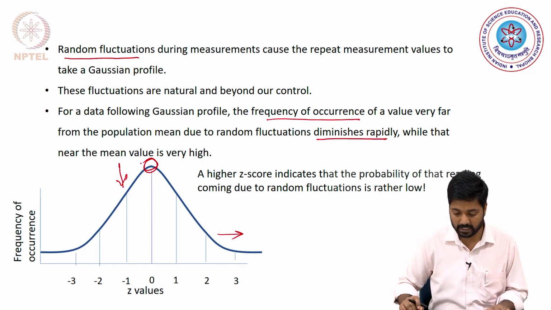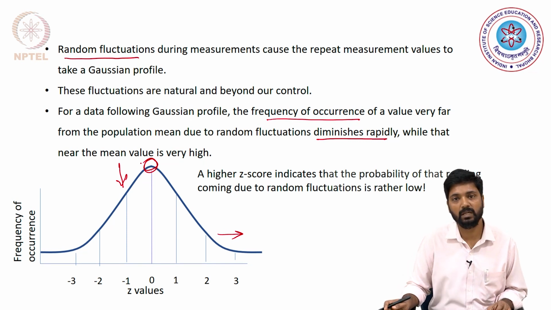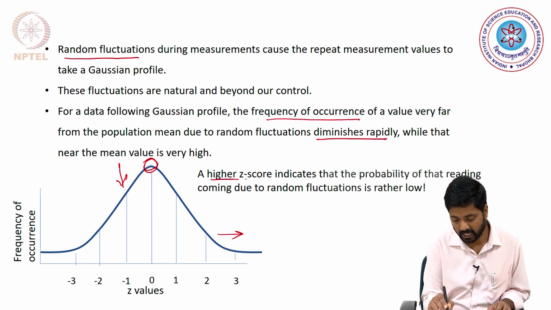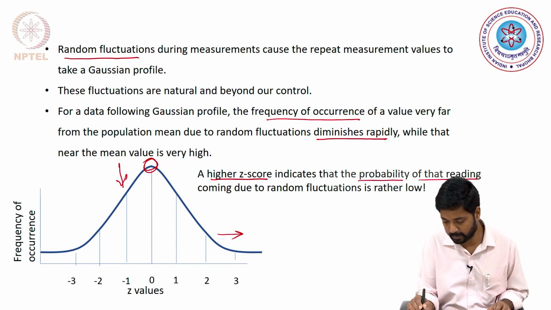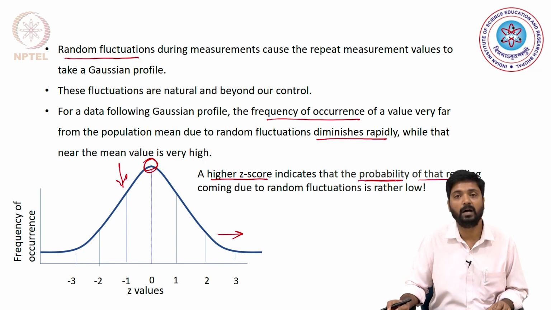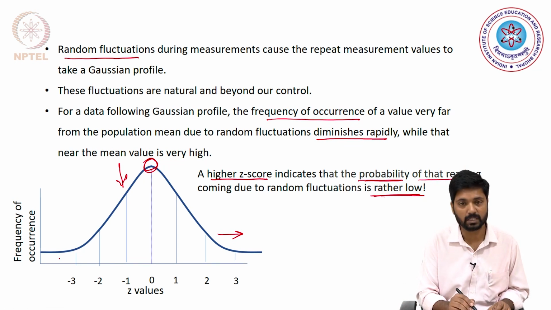Now, this has an important implication in terms of the z score. We rephrase this statement as: if we have a higher z score, that indicates that the probability of that reading or measurement coming due to random fluctuations is very low, which again we can see in this profile.